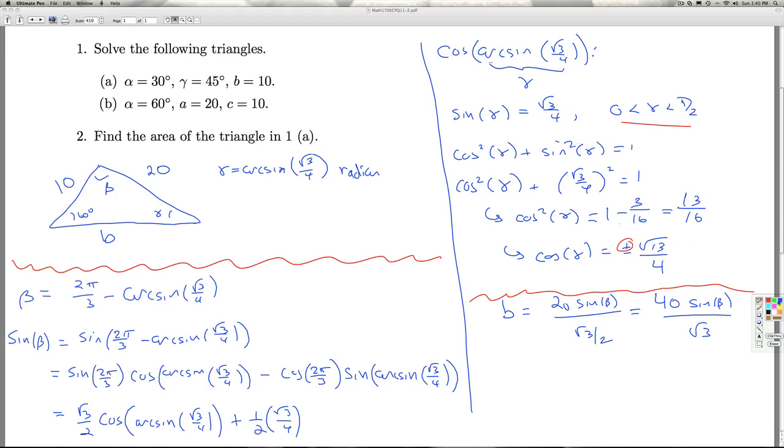All right, so I can go back now to this expansion, and I get radical 3 over 2 times radical 13 over 4 plus 1/2 radical 3 over 2, and I get radical 39 plus radical 3, this is over 4 here, all over 8.